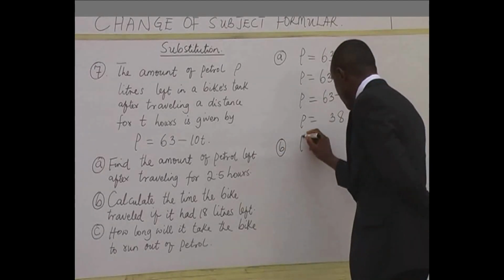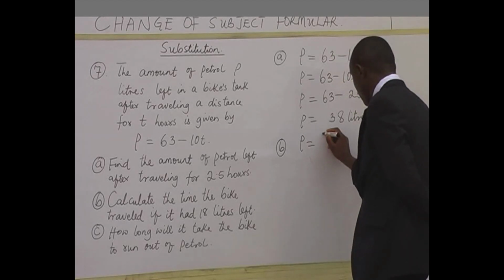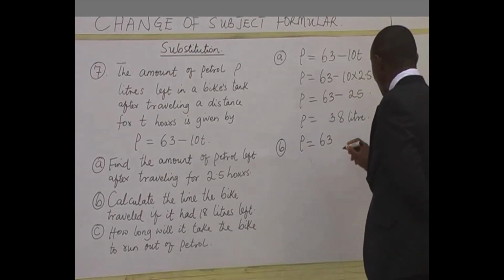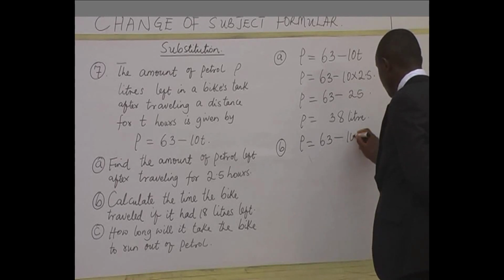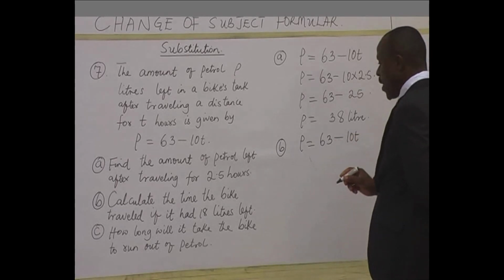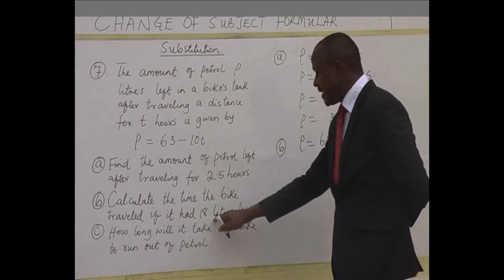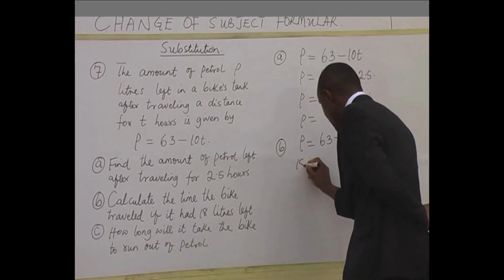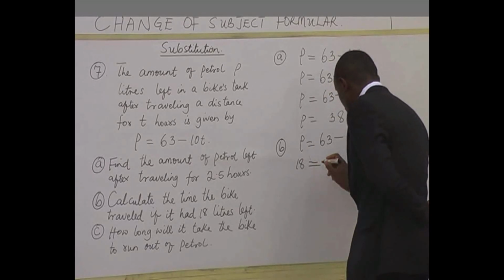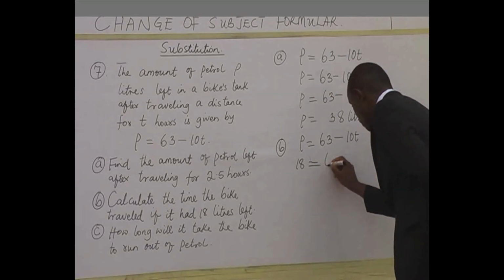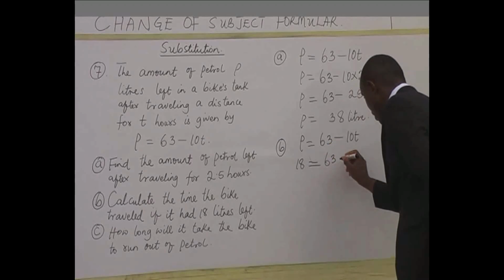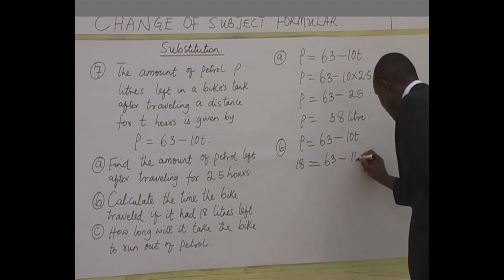From our equation, P is equal to 63 minus 10T. We have been given P to be 18 liters. So use 18 and substitute P. It's going to be equal to 63 minus 10T.